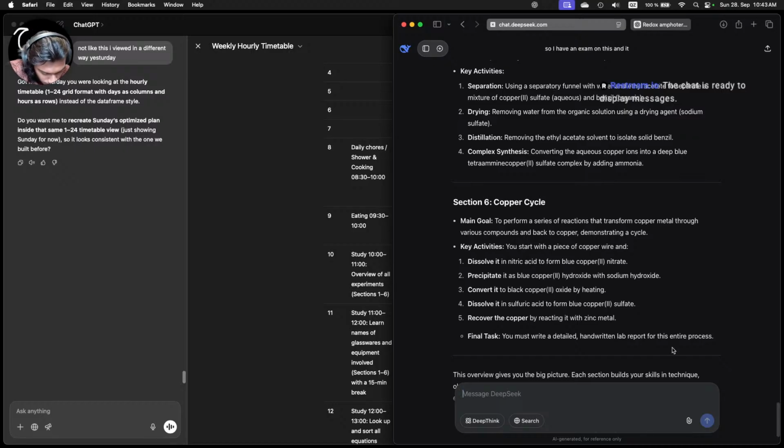Dissolve it in nitric acid to form blue copper(II) nitrate.